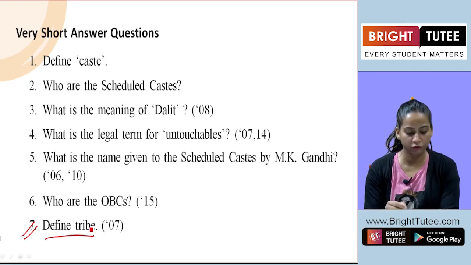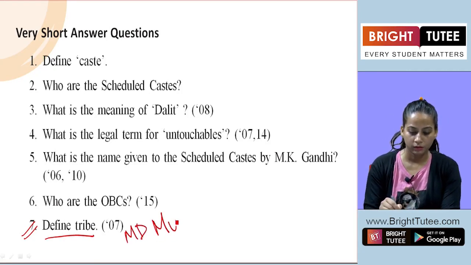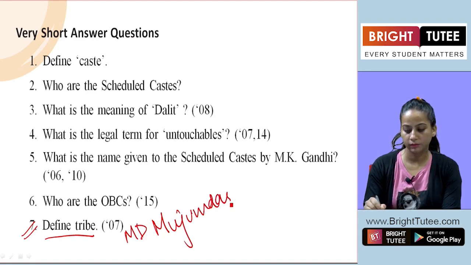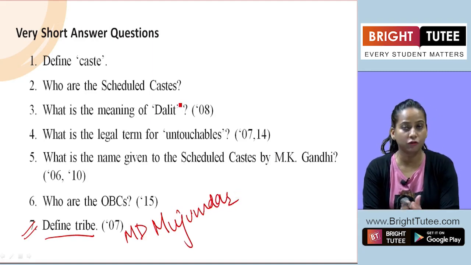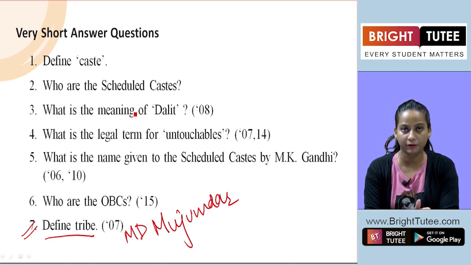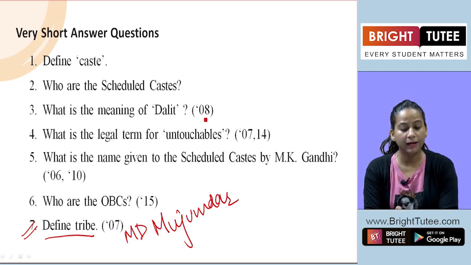So, here we can mention that according to MD Majumdar, a tribe is a collection of families bearing a common name, members of which occupy the same territory, speak the same language, and observe certain taboos regarding marriage, profession or occupation, and have developed a well-established system of hierarchy and obligation.